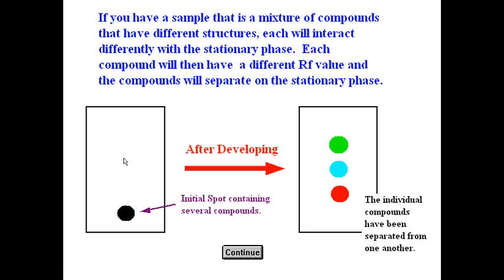Now, it's not a positive confirmation. If the two moved completely different distances, then that would rule out that compound as a potential illicit drug. And so TLC is used a lot as a very simple test in forensics.